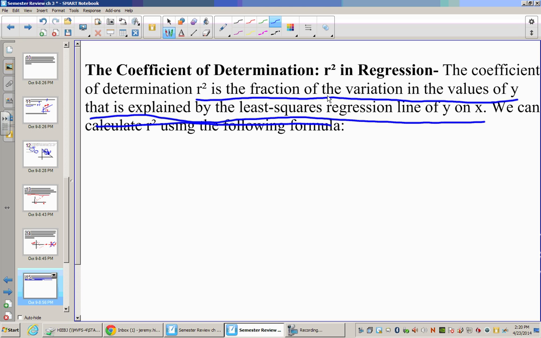Sometimes they say the percent of the variation, but a problem might say 49% of the variation of peanut butter allergies can be explained with something else, whatever. But what they're telling you is that's code for R squared. So if they give you R squared, maybe they want you to find r from it or something else, but you have to recognize this definition.